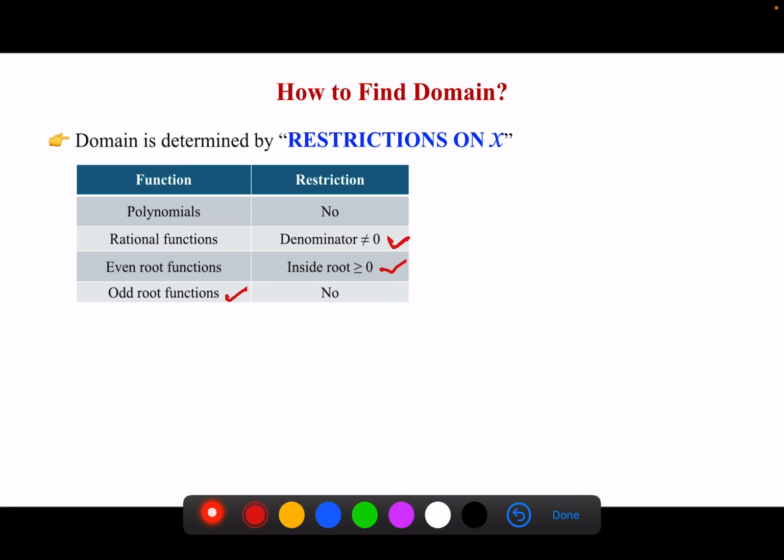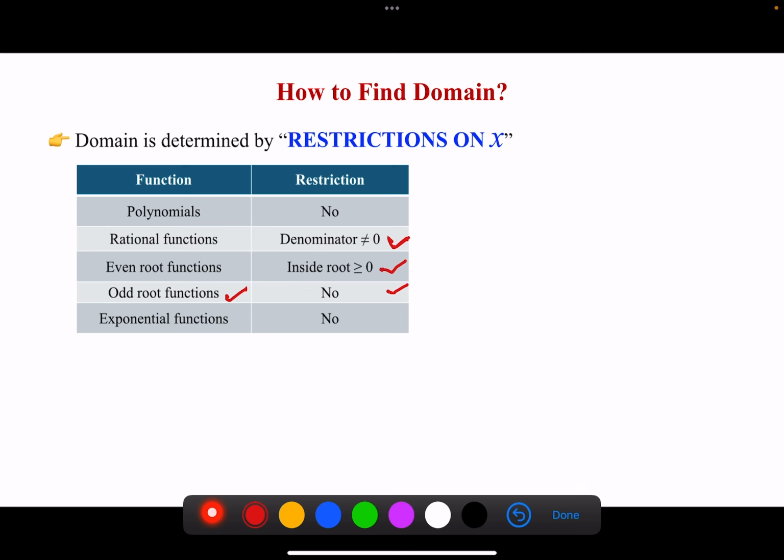They are defined everywhere, for all real numbers. So domain for odd root functions is also the set of real numbers. Now exponential functions. These functions are also always well defined. No restriction here. So domain is the set of all real numbers.